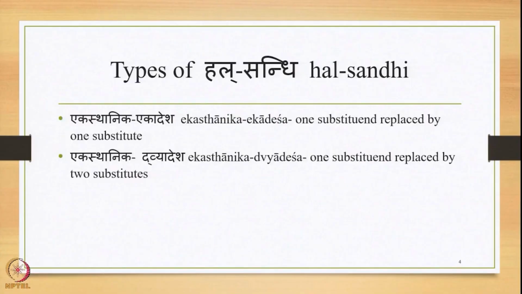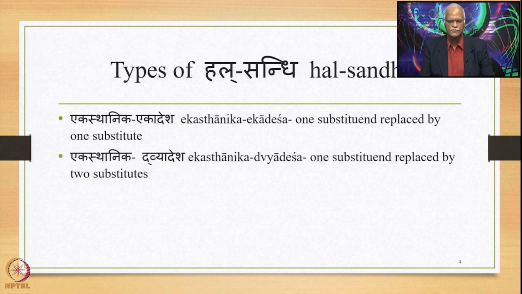We noted that Hal Sandhi can be classified broadly into two, Ekasthanika Ekadesha and Ekasthanika Dvyadesha. Ekasthanika Ekadesha means one substituent which is replaced by one substitute, and Ekasthanika Dvyadesha means one substituent replaced by two substitutes.